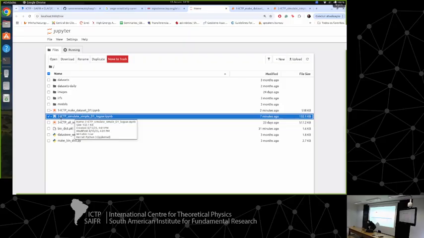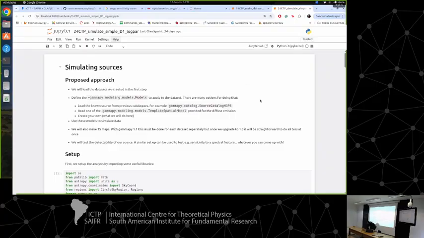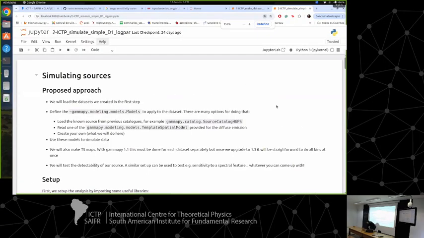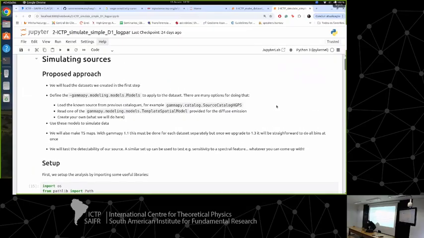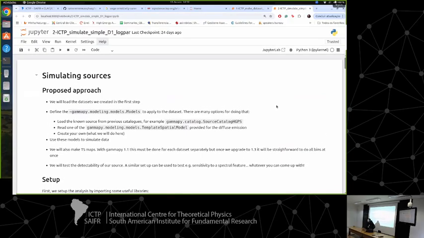It's 2 ICTP simulate simple D1 log par. Okay, you may see something like this. Okay, did you open the second notebook?